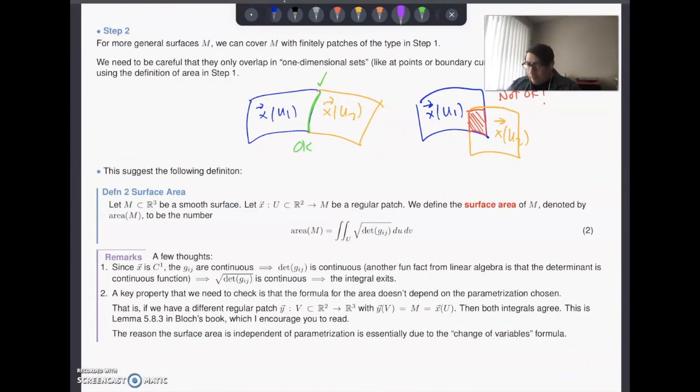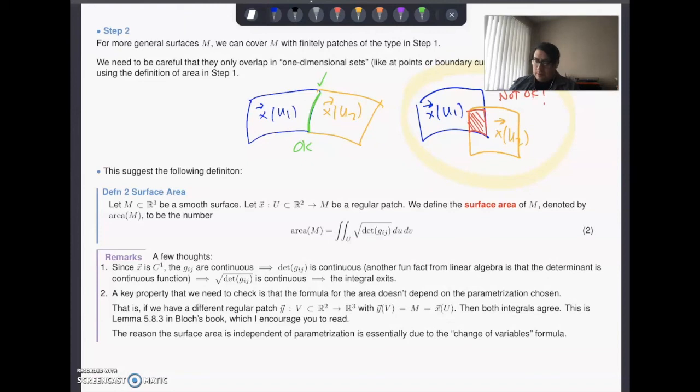If we're going to have more than one patch, make sure that they are of this form, where if they overlap, they just overlap in like a line or a curve. Those will have no area, so those will be fine. However, if you have two patches where you have this non-trivial overlap, this will not be okay.